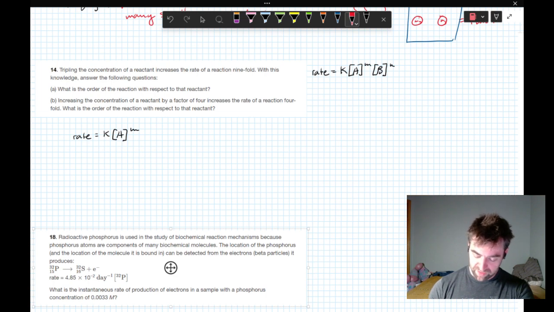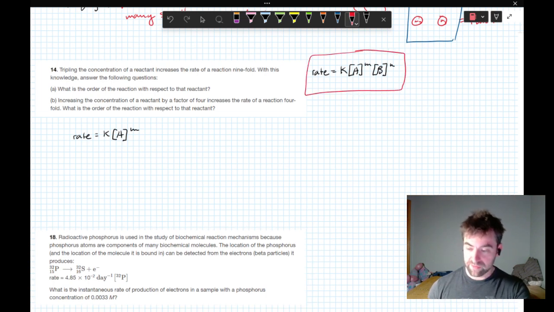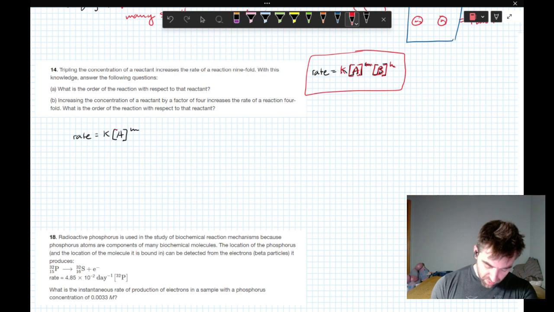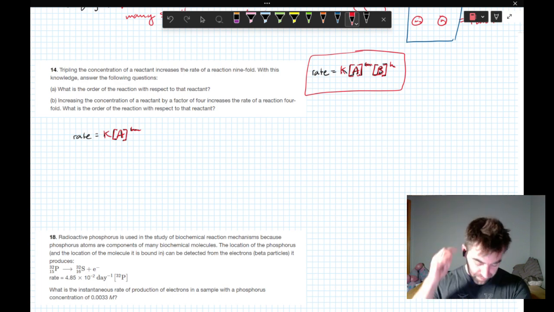So I've written a generic rate law up here on the top right, where K is your rate constant, and then you have concentration of reactant A to some exponent M, concentration of reactant B to some exponent N. When we're looking at a single species, you can write this simply.